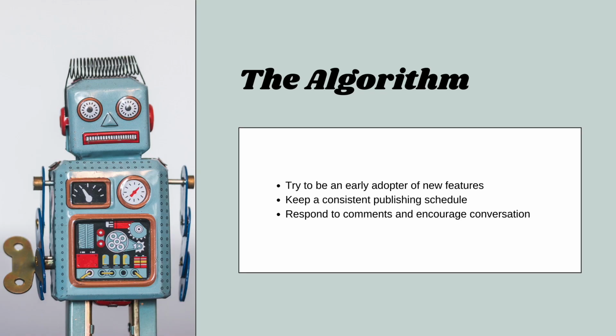My golden rule for maintaining the algorithm, if you will, is to test out new features when they come out. Just try them out, see if they work, see if they seem to be getting a boost, and also just be consistent. That really is the key and has been working for me, at least for my entire social media career, is simply making sure that my clients' accounts are up to date and that I'm posting quality content.